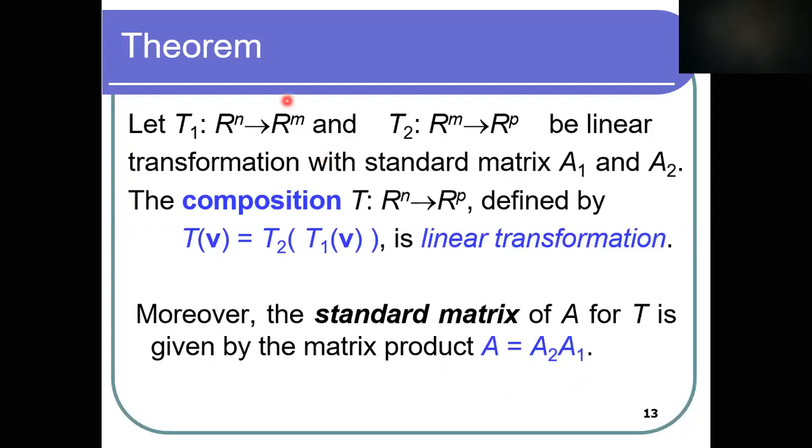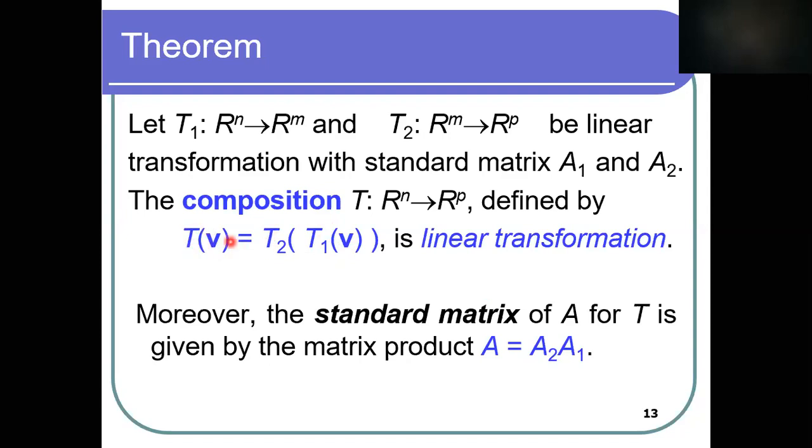Let us take one theorem: T1 is a transformation from Rn to Rm, and T2 is a transformation from Rm to Rp, linear transformations with standard matrices A1 and A2. The composition defined by T2 T1 is a linear transformation. If T1 and T2 are both linear, then the composition is: apply T1 on V, and then apply T2 on this output.